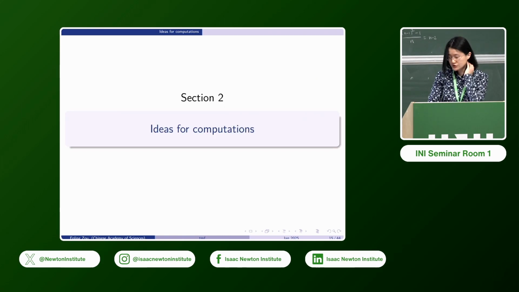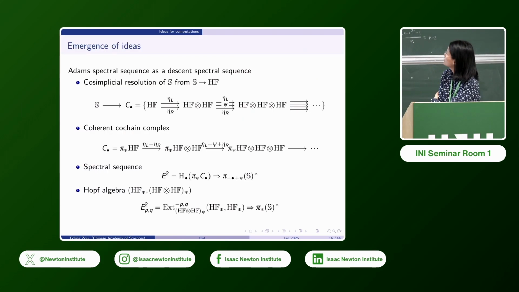Okay, so now ending the detour and coming back to computation, let me motivate the relative Adams spectral sequence from the Adams spectral sequence that we are familiar with. We can understand the Adams spectral sequence as a descent spectral sequence in the following way. From the map from the sphere to HF, you can construct this cosimplicial resolution of S. And then you can use homology to get a coherent cochain complex.